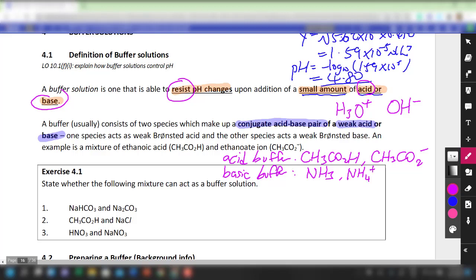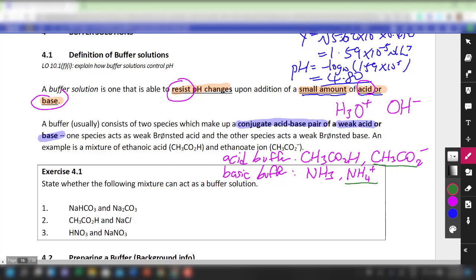But do take note that whenever we say the corresponding salts, we don't mean that you can simply add ethanoate or ammonium. The salts will be added, for the case of ethanoate, in the form of sodium ethanoate, and to create the basic buffer with ammonia, we'll be adding aqueous ammonia as well as a substantial amount of ammonium chloride.